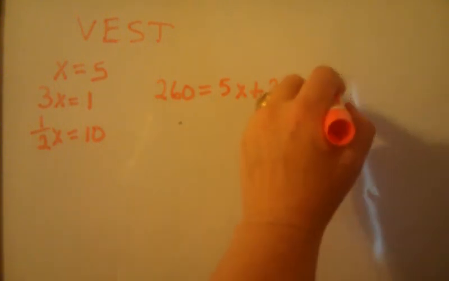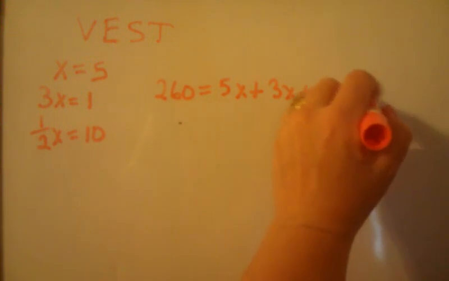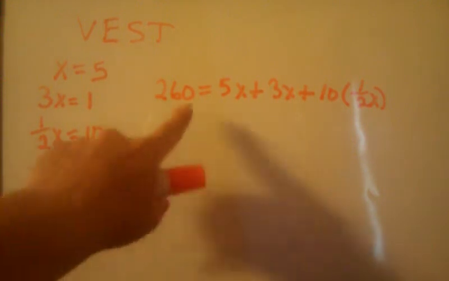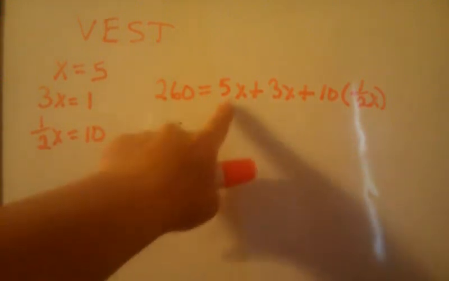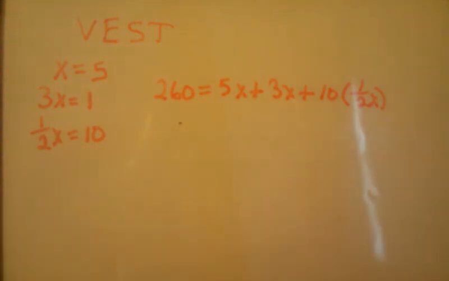Well, they're $10. And there are 1/2 X, so 10 times 1/2 X. I didn't have any decimal points to begin with because there's no change here. They're all dollar bills. So I don't have to change this because this is $5. That's $10. So there's no decimal points anyway. I hope that didn't confuse you.